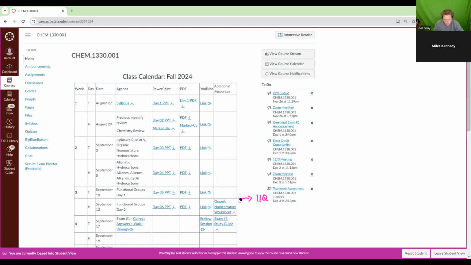So I'm going to go kind of day by day and tackle some of those things. So here, I'm just going to use the Canvas page as kind of my navigator of sorts. So just one second. I'm looking for something on my, stop my share.